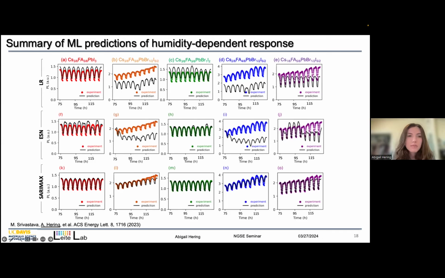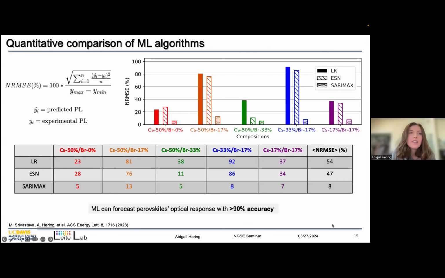So again, we're comparing the color for each sample and the prediction in black. So the SARIMAX is the most accurate across all 5 samples.